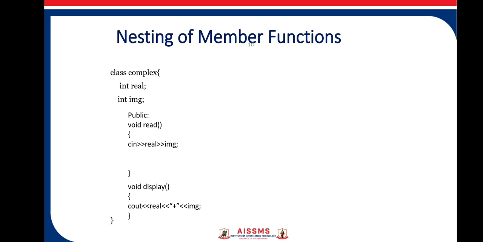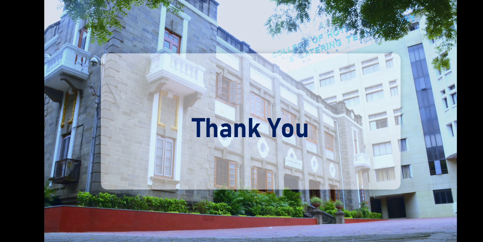If we want to call it in the main function, we need to create the object first, and then we can use the dot operator and call it. But you can also call or invoke this function inside the read function like this. That means calling a member function in another function. This is called nesting of a function.